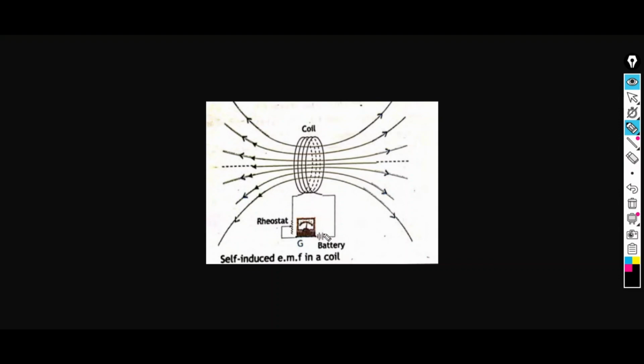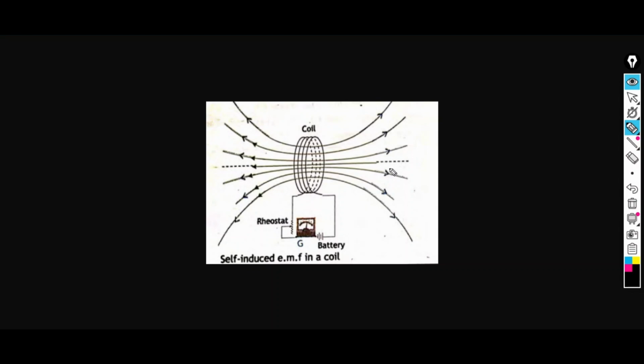Okay, so if that change occurs in the polarity, and if we provide that alternating current to this coil, the change will occur in the direction of that current which is passing through this coil 50 times in a second. It means that the polarity of this magnetic field which is produced due to a change in the current will be changed 50 times in a second.